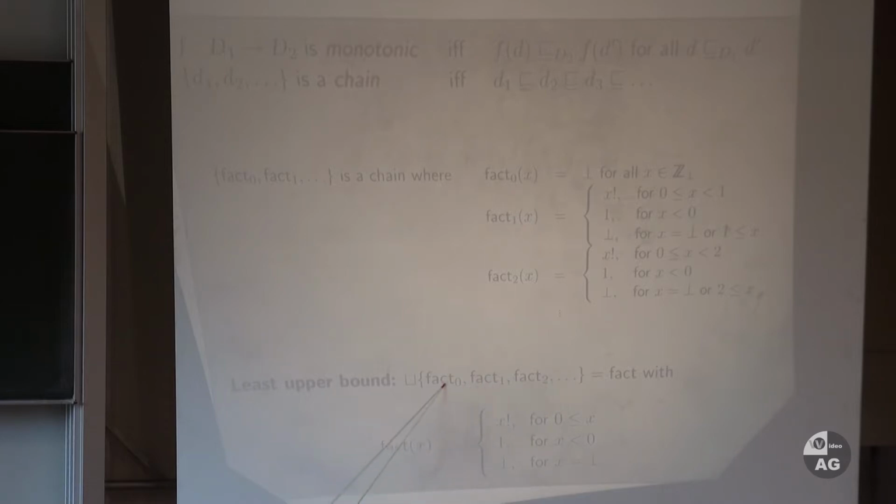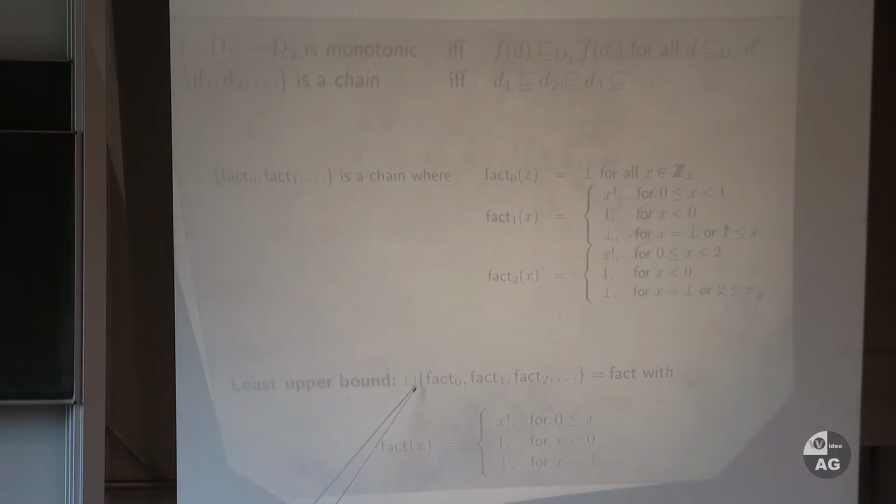So this set is a chain, and what we would like to do is look at the limit of such a chain, or more precisely, at the least upper bound of a chain. So the least upper bound is an upper bound of this set, so it's greater or equal to every element in the set, and it's the smallest such upper bound. We call something like this the least upper bound, and denote it by this symbol. So this is like the less defined symbol, but turned around by 90 degrees.